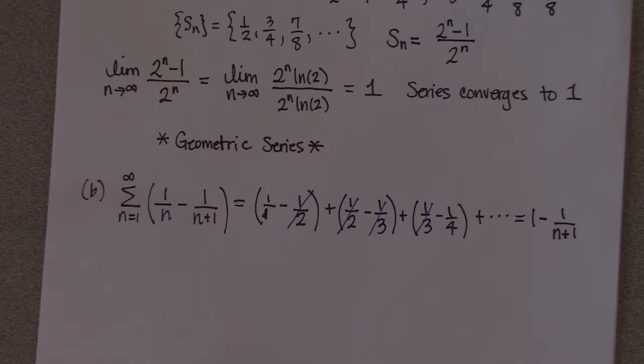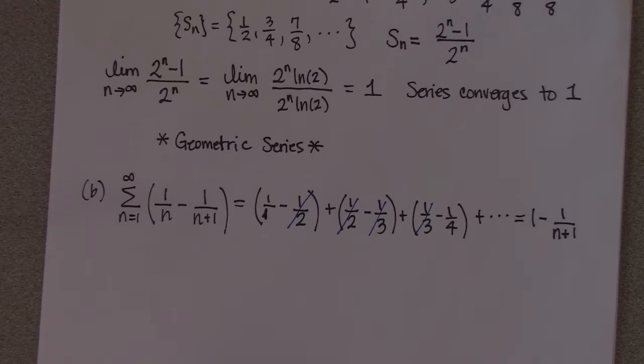You can see what's happening. So what we've got here is the 1 is still here. And then when you get to the nth term, the 1 over n should be canceled out by the previous term you created, because that's what we can see happening. So what's going to happen with this series is all the intermediary terms are going to cancel, and you're only going to end up with the first term and the last term.